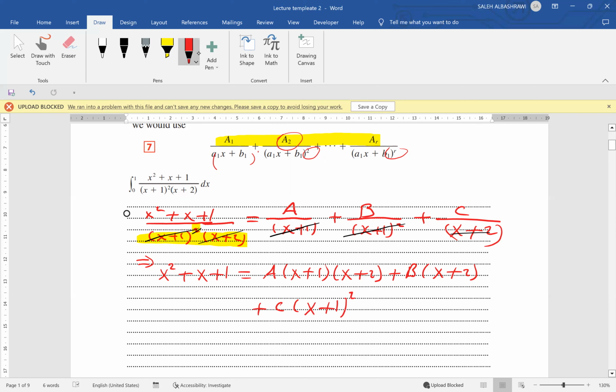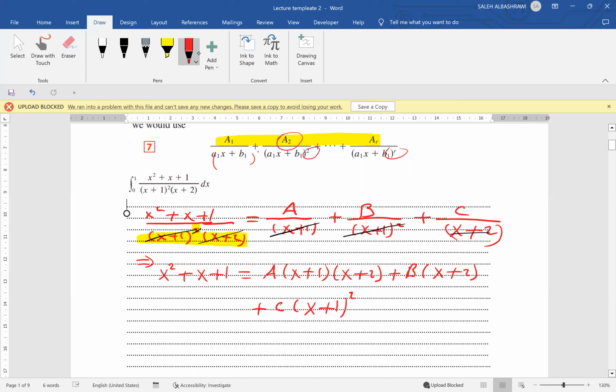Now I have an equation. We have two methods to find these constants A, B, and C. The first one, we can open the brackets and equate the coefficients on the left and on the right. So the coefficient of x squared on the left will be equal to the coefficient of x squared on the right hand side, the coefficient of x on the left hand side will be equal to the coefficient of x on the right hand side, and so on.